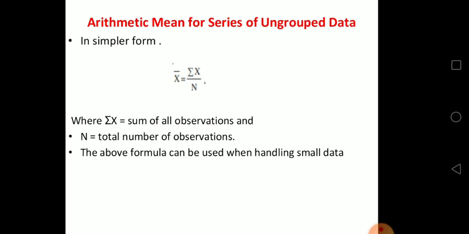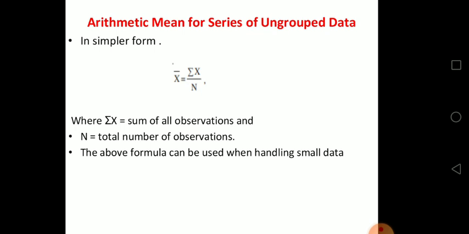It's a simpler way of representing the previous formula. So arithmetic mean, represented as x bar, is the same thing as summation of x all over n, where summation of x means sum of all observations and n is the total number of observations.